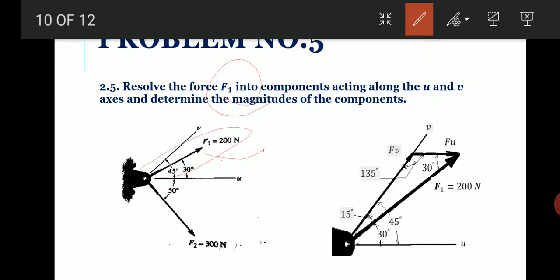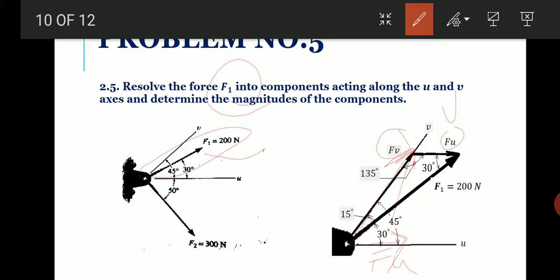So this angle here, we will solve the components of the force acting at axis V and axis U. So this will be your assignment: force U and force V.